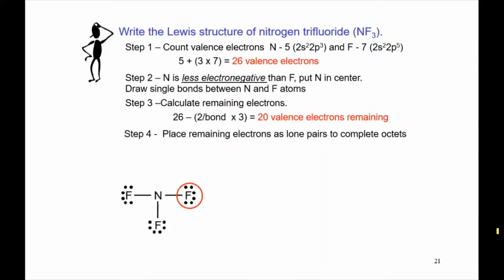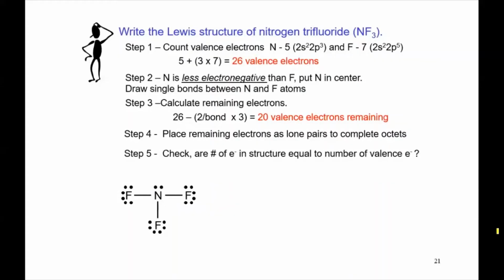Since all the outside atoms are now fulfilled for the octet rule, now and only now can I put that pair of electrons on the central nitrogen. Now, let's see if the central nitrogen is satisfied. Yep, it's got the lone pair, that's 2, and then 3 shared pairs, 6, so that's 8. Yes, it's an octet, and I believe all of them are placed in here.